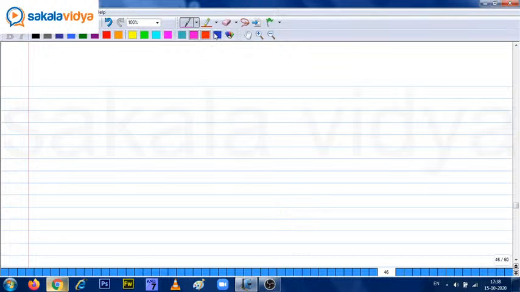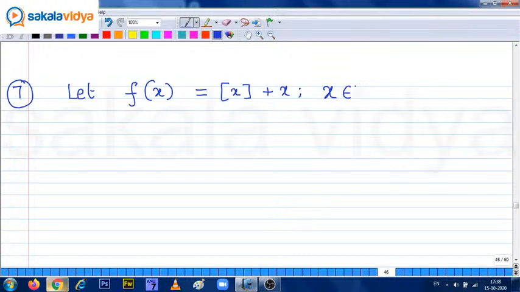So let us move to the seventh problem. Let f of x equal to the integral part of x, greatest integer function, plus x, where x belongs to the real number system.